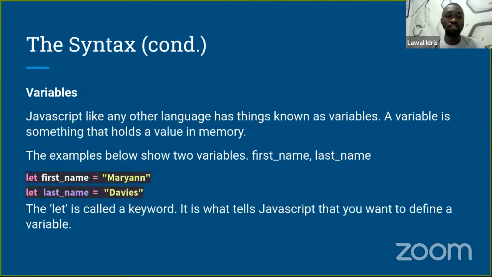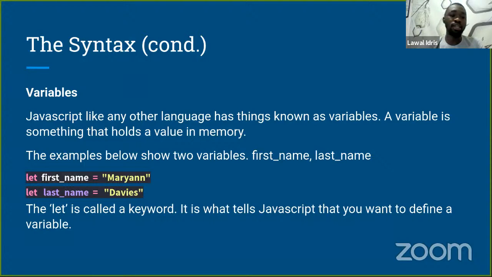So the syntax just looks like this short code example that I have here, where it shows you how a variable is defined in JavaScript. A variable basically is something that holds a value in memory. So this is an example. I have let firstName equals Marian.